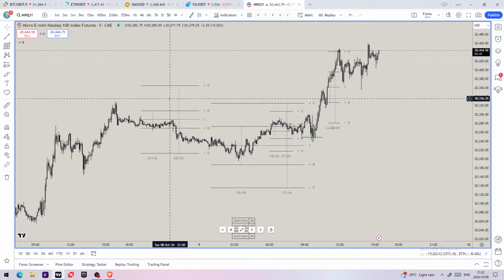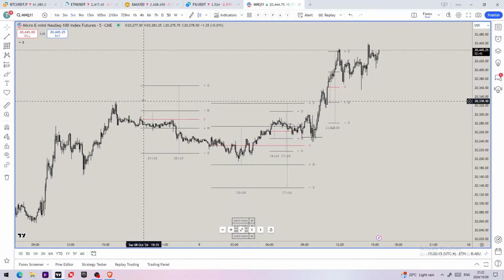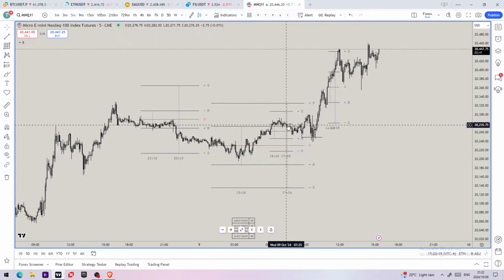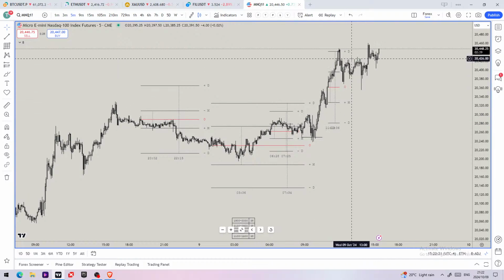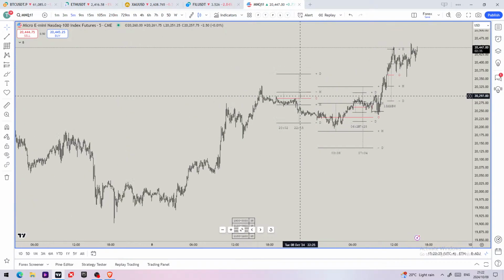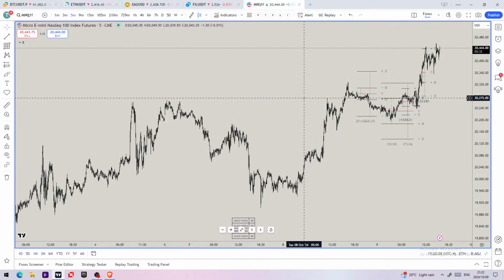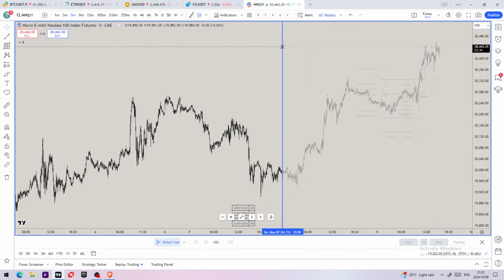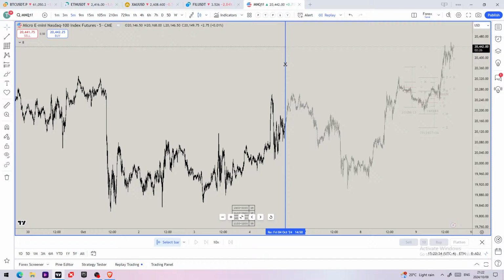This is an Asian range, this is a New York range, this is a pre-New York range, and this is a New York PM range. Now you can see here, and I'll show you an example from yesterday which I posted inside my Discord, as to why I expected certain things to occur.